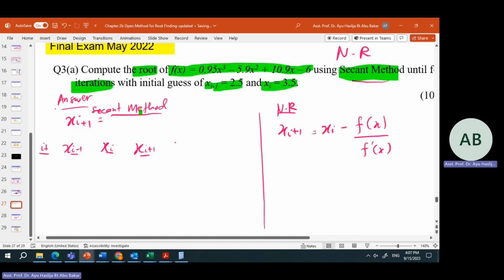You can also include the data of the f(x_i) if it can help you to ease your calculation.